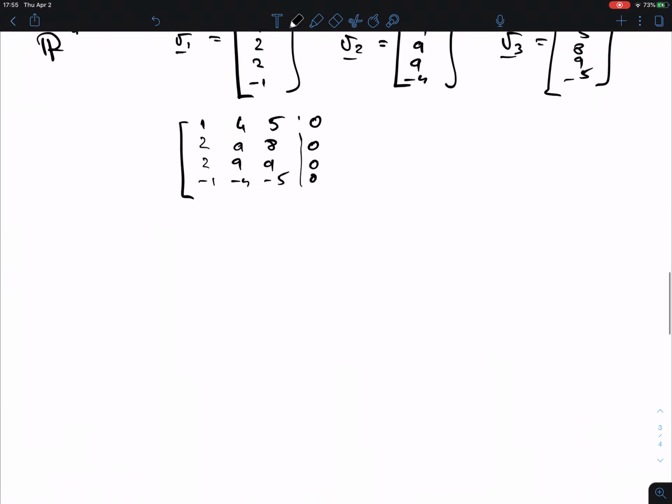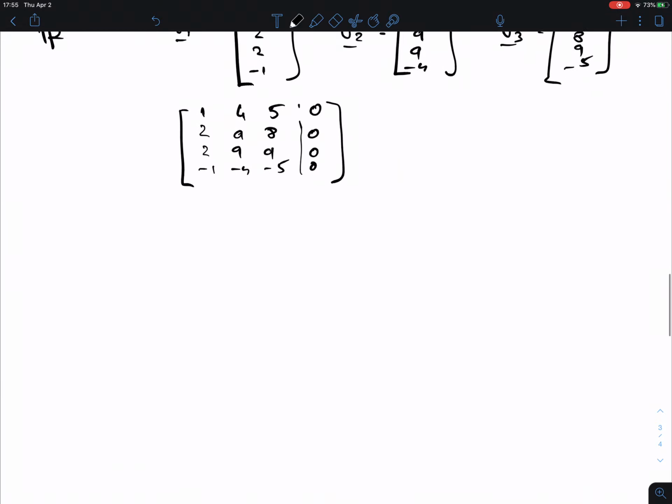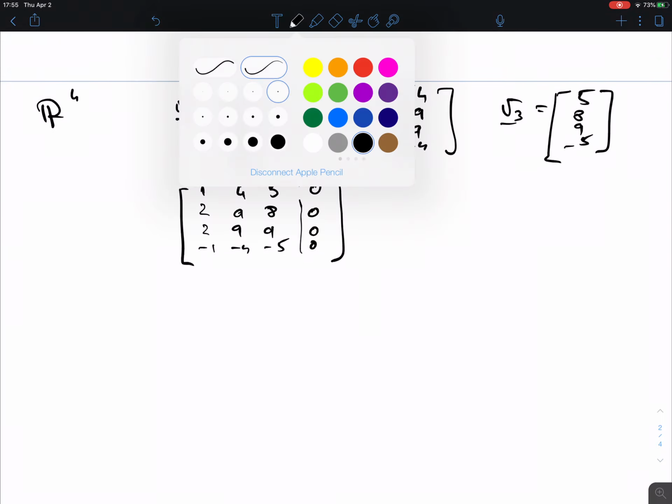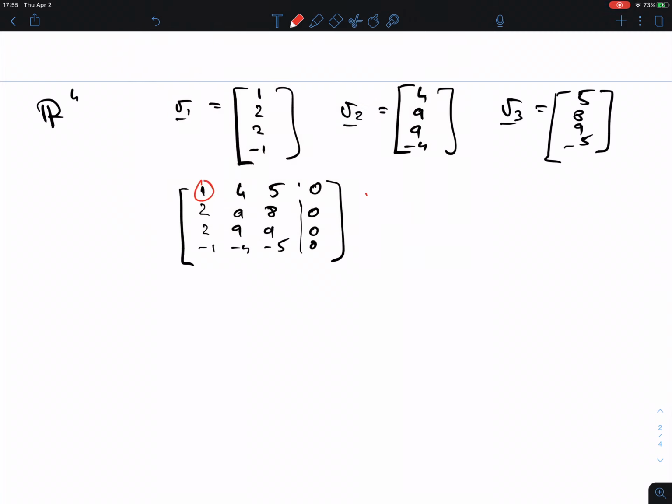So we again row reduce. We have our pivot, so row 2 minus 2 times row 1, row 3 the same thing. I hope everybody sees how these things work now. And then row 4 plus row 1.